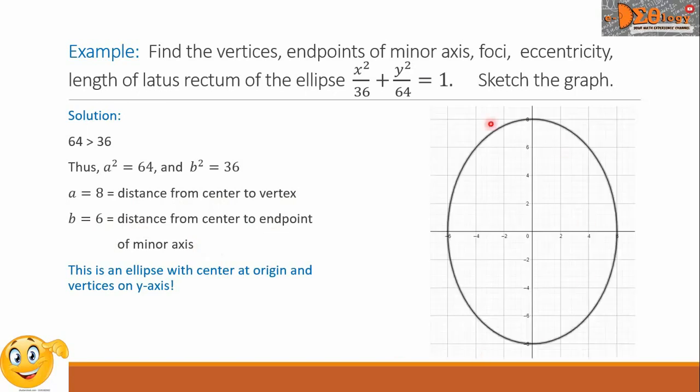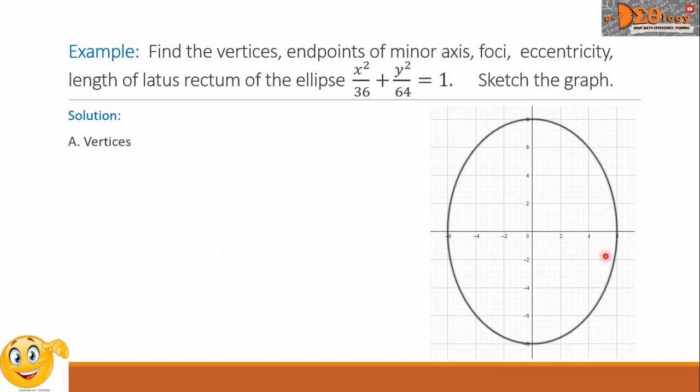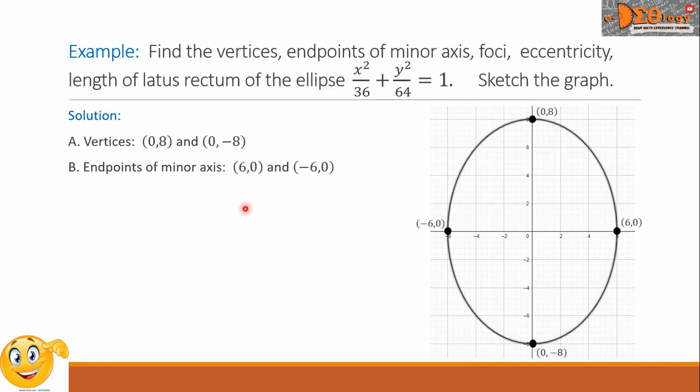This is now the ellipse. Let's start writing the coordinates of the vertices. These are (0, 8) and (0, negative 8) respectively. Letter b, the endpoints of minor axis. The coordinates are (6, 0) and (negative 6, 0).